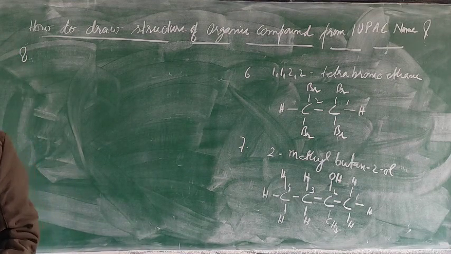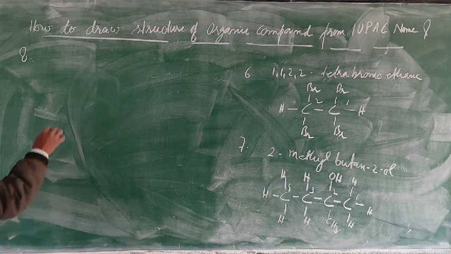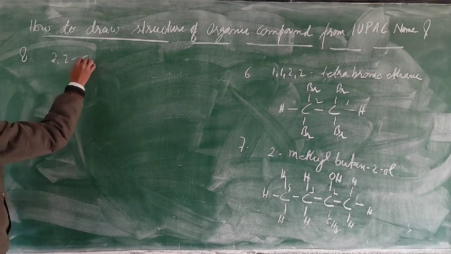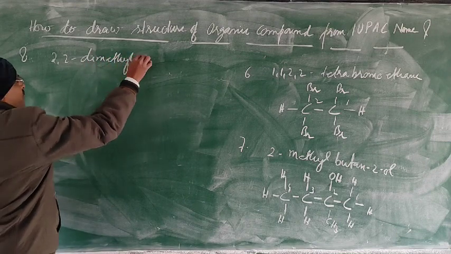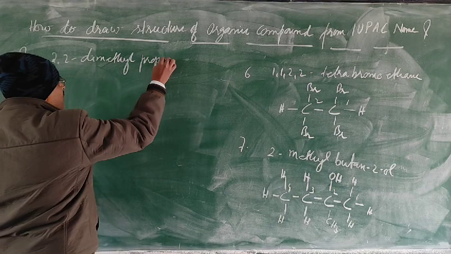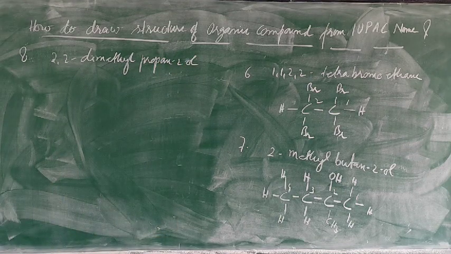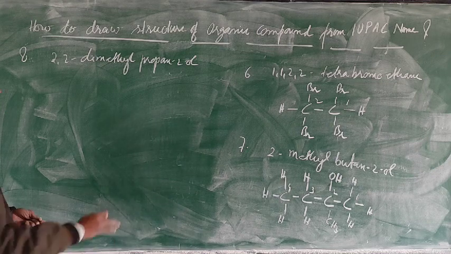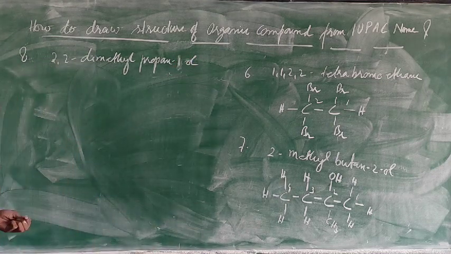The 8th one is given as 2,2-dimethylpropan-1-ol. Not 2-ol, propan-1-ol. So this one is given 2,2-dimethylpropan-1-ol.